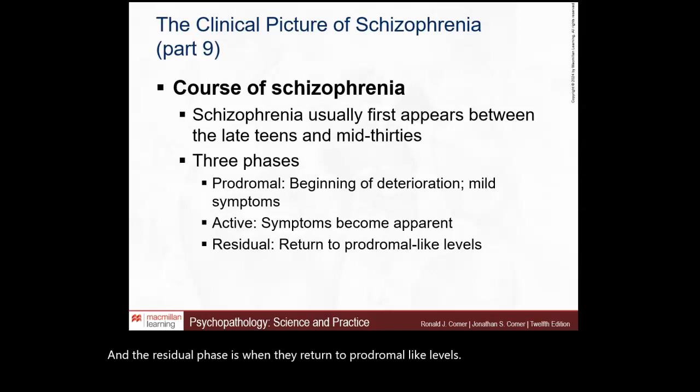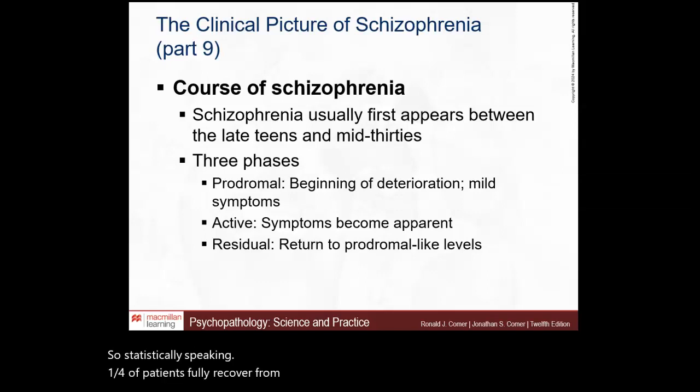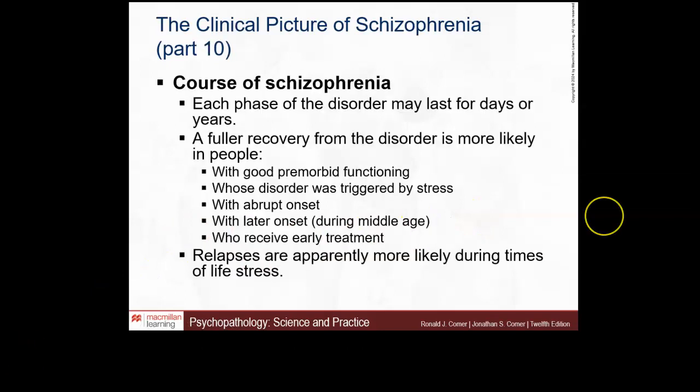So statistically speaking, 1/4 of patients fully recover from schizophrenia, but 3/4 continue to have residual problems. Each of these phases that we've been discussing might last for days or years.